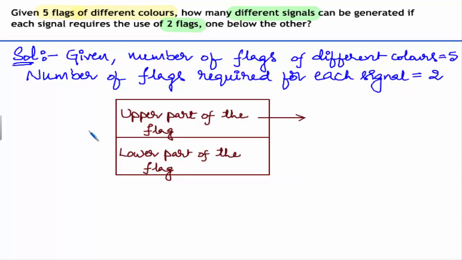Now to make a signal, the upper part of the flag can be filled with any one of the given 5 colors in 5 ways. Now, one of the 5 different colors has already occupied the upper part of the flag. The lower part of the flag can be filled with any one of the remaining 4 colors in 4 ways.